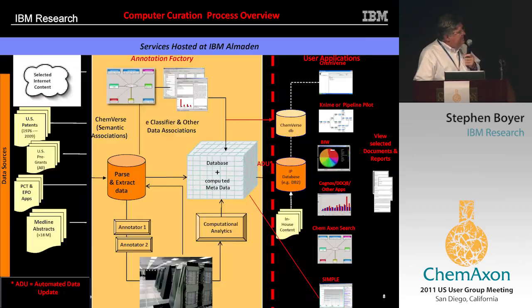And once we have that data, we have a family of companies with whom we collaborate on this project. They have a copy of our database inside their firewall. We do the annotations on a regular basis, and then we replicate the data out to our collaborators' environment.